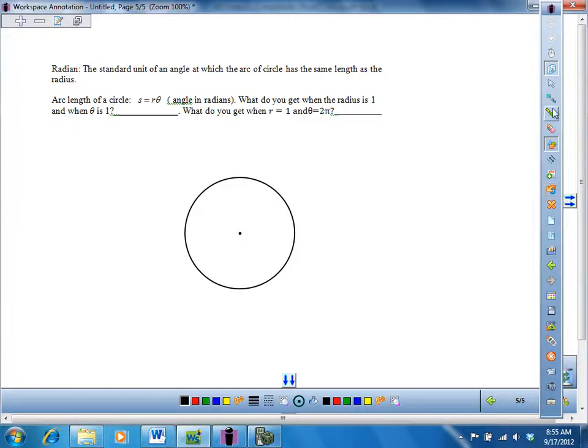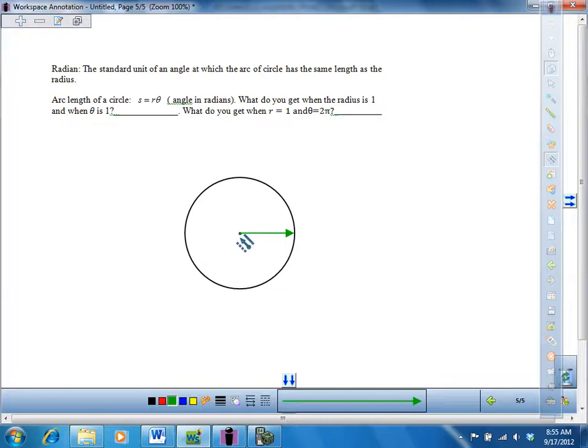And if I take my tool here and draw an angle here and an angle here, and if I were to measure this arc, and measure this radius, just take a ruler and measure.